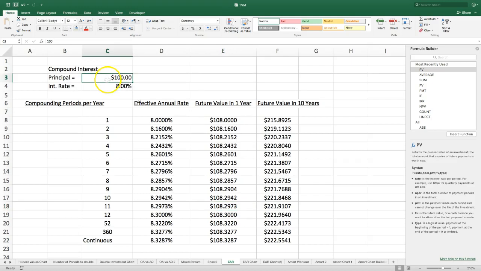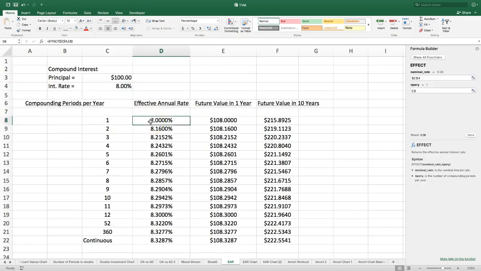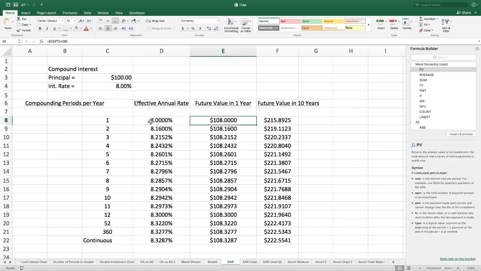So again, our principal amount of $100, a stated nominal annual rate of 8%. If we had one compounding period per year, the effective annual rate would be 8%. The future value in 1 year would be $108, and the future value after 10 years would be $215.